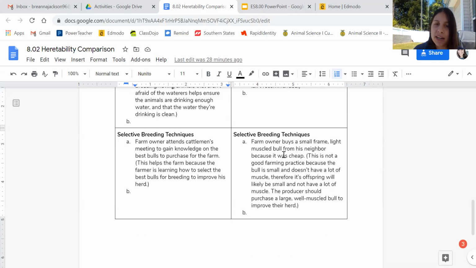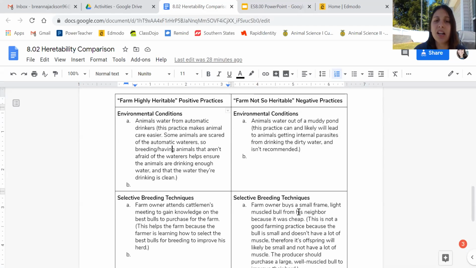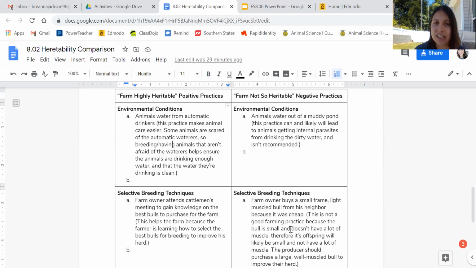And then for selective breeding techniques, we already went over this one. In our first example, both of these guys are trying to find a bull for breeding for their farm. The guy from the not so good farm decided that he wants to save some money and he's going to buy a cheap bull. Well, his cheap bull is small and doesn't have a lot of muscle, and we know that isn't going to make him a lot of money in the long run.